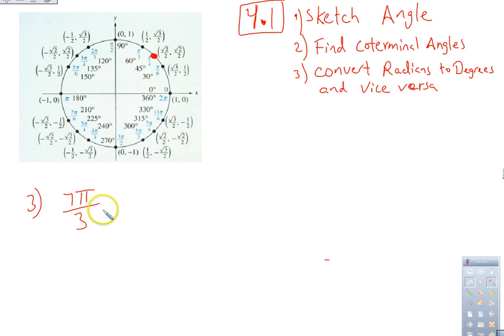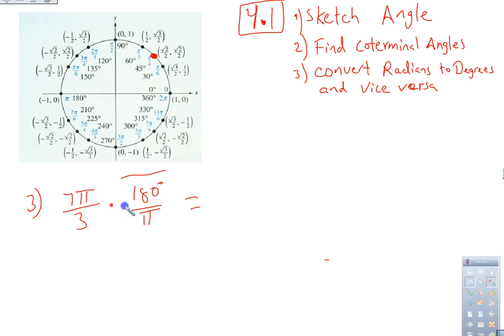And this is a radian measure, and I ask you to convert it to degrees. Now, 7 pi is not on the unit circle, so looking at the unit circle isn't going to help. Now, the formula is to multiply this by 180 degrees over pi. And so we're going to multiply these two fractions and reduce.